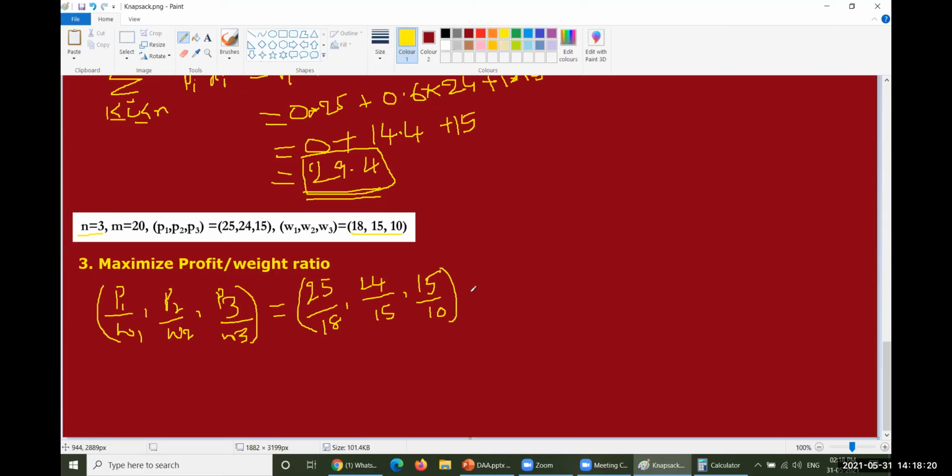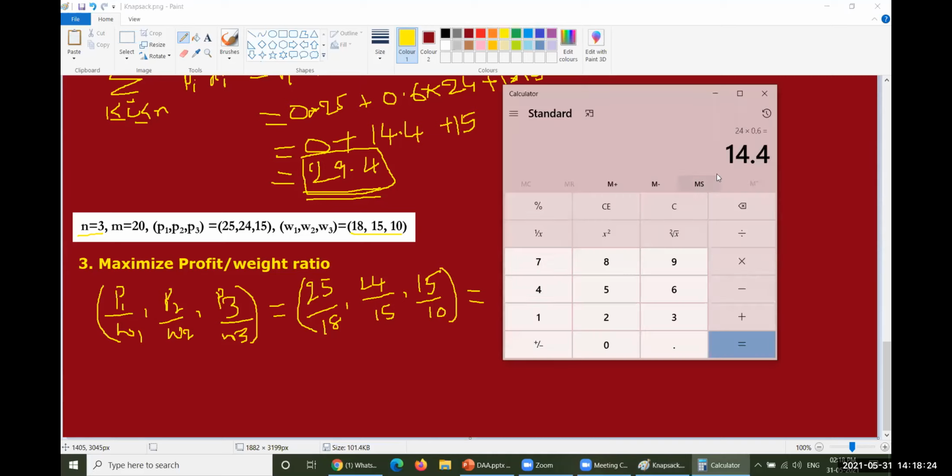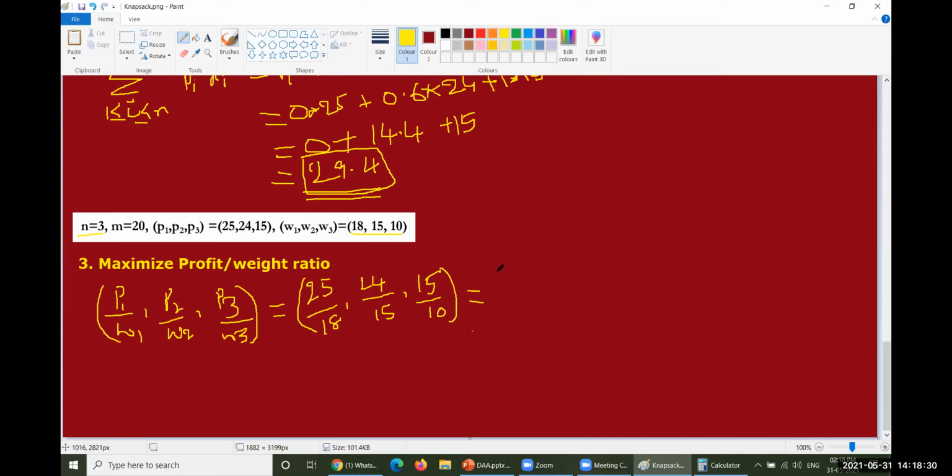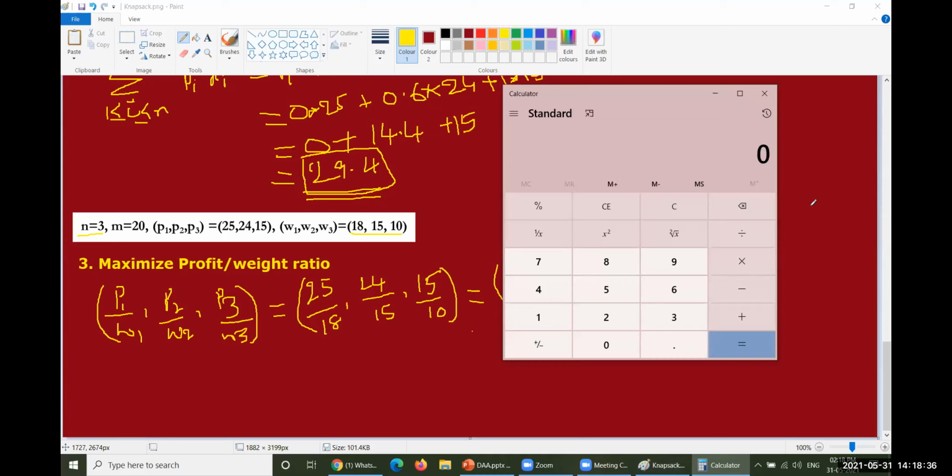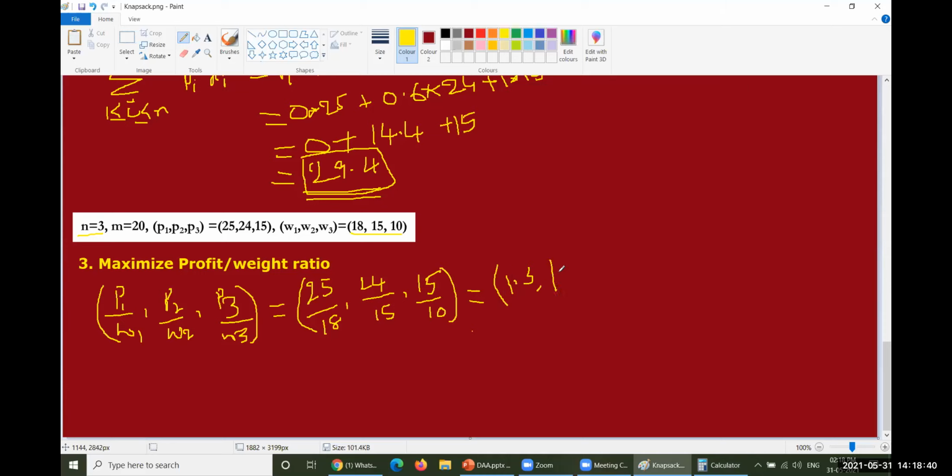Based on this, what are the specific values you got here? Let me calculate one more time. 25 divided by 18 will be 1.3. So the first value is 1.3, comma. 24 by 15, what is the value? 24 divided by 15 will be 1.6. The next value is 1.6, and of course this is 1.5. We take this into consideration.